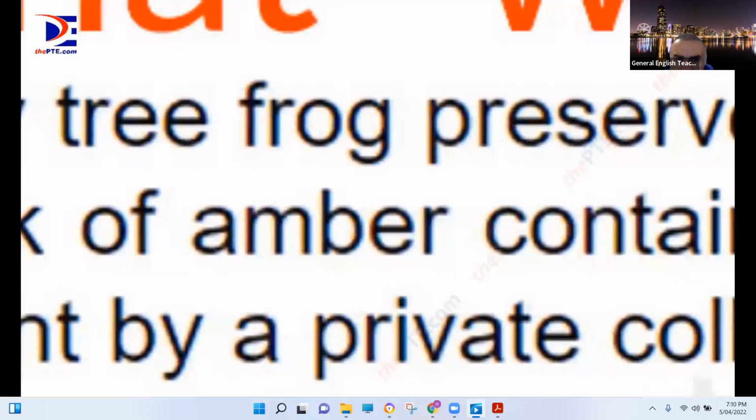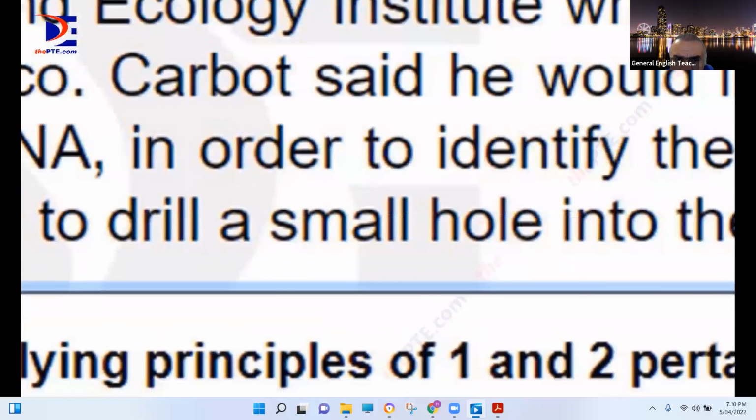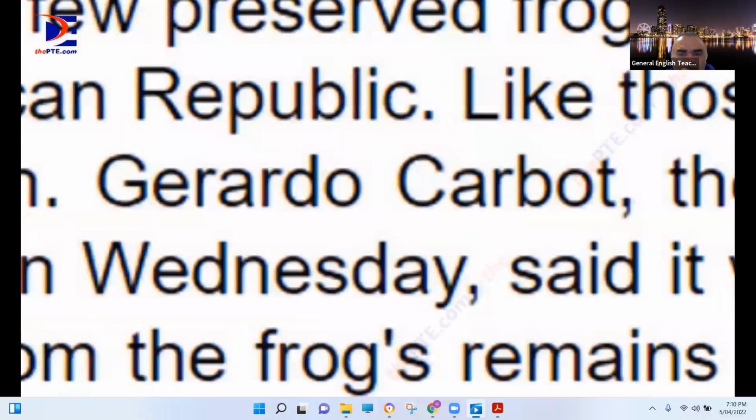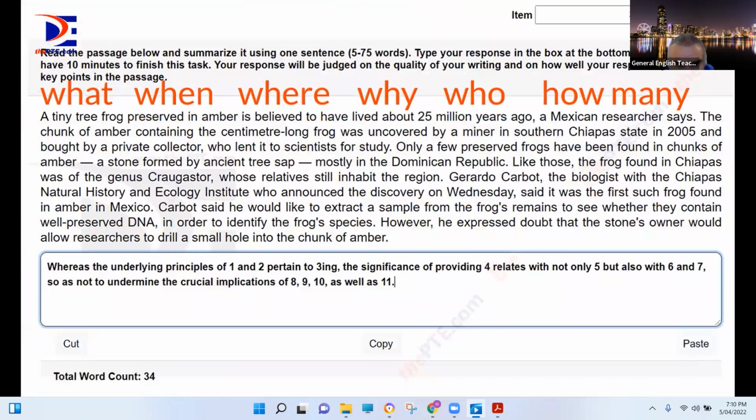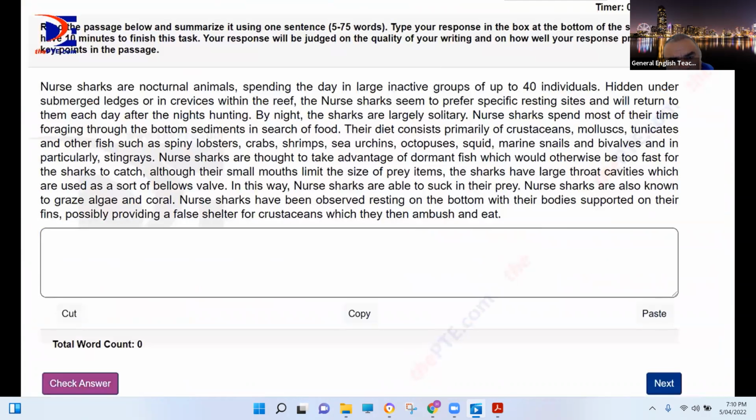Also use any nouns, adjectives, proper nouns, and names that have been repeated several times in one of the blanks. For example, in this Summarize It in Text, the word nurse shark has been repeated more than 6 times.